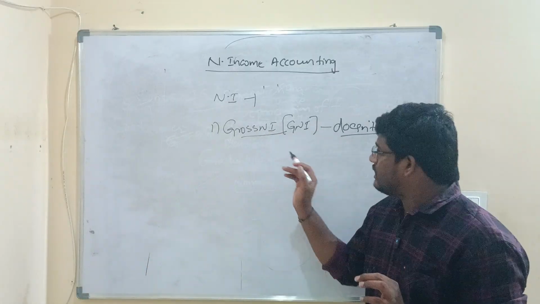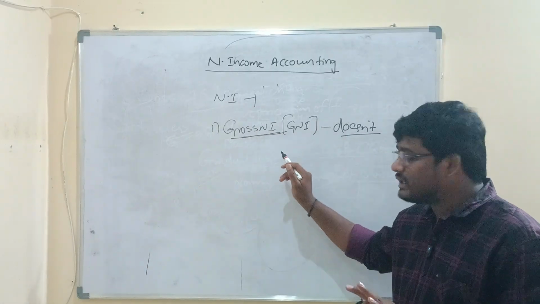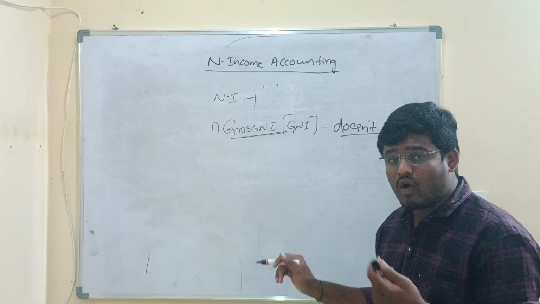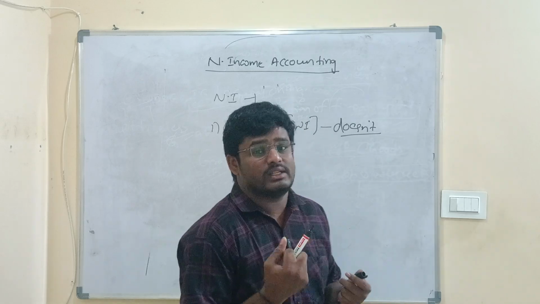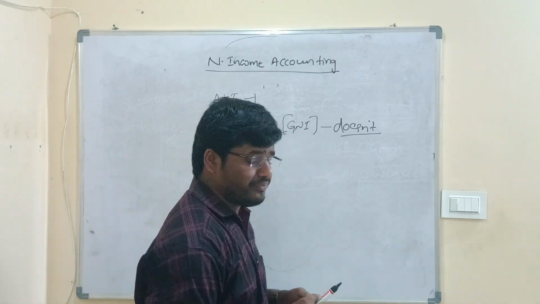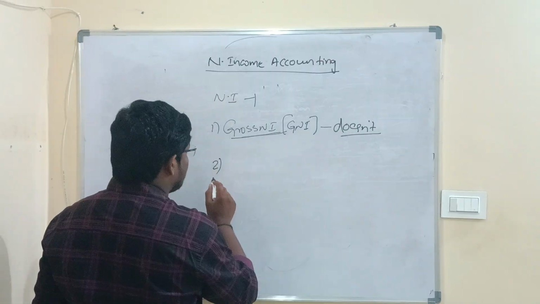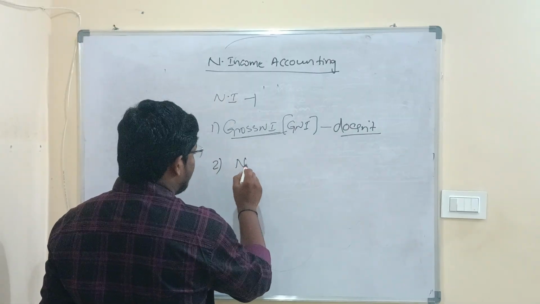That is the point of gross national income. Gross national income doesn't take depreciation into consideration. But we have one more type of national income, which is known as net national income.